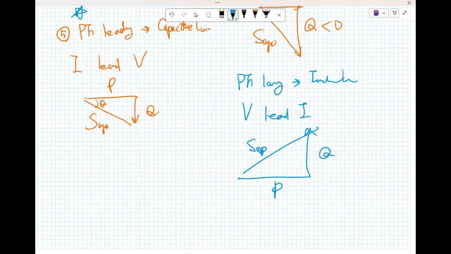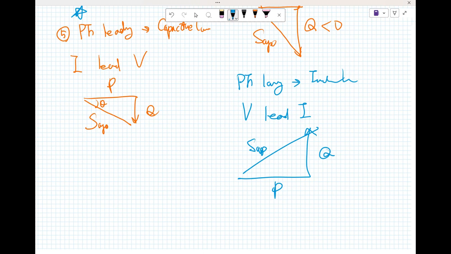One more time, from the Q value, you have to write in the answer sheet of the exam whether I leads V or V leads I, or the power factor is leading or lagging. You can classify. Professor, how can we know this? It depends on the Q value and on the V and I relationship.